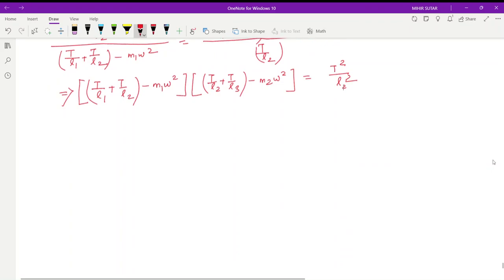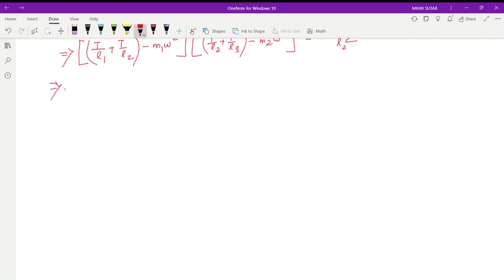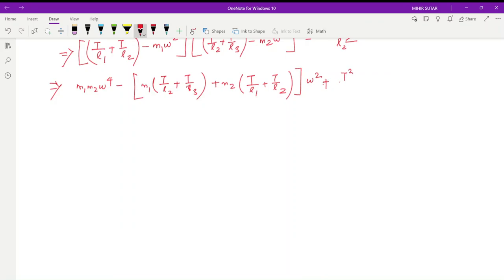Okay, so you can further rewrite the equation as M1 M2 omega to the power 4 minus M1 (T by L2 plus T by L3) plus M2 (T by L1 plus T by L2), whole into omega square, plus T square by L1 L2 plus T square by L1 L3 plus T square by L2 L3 is equal to 0. Let's say this is equation 8.